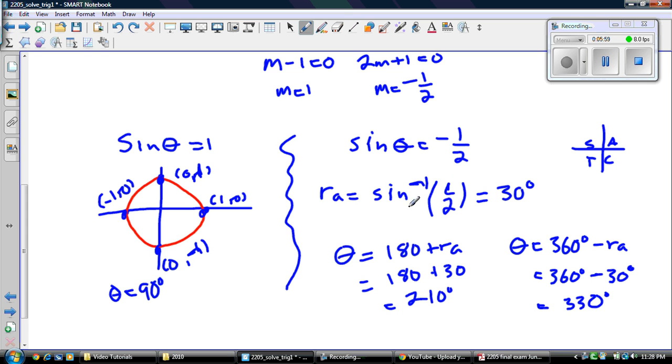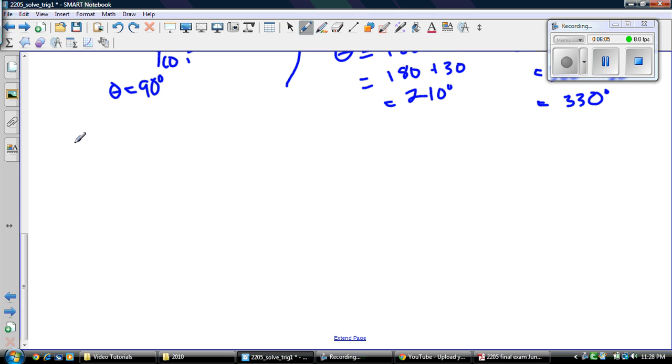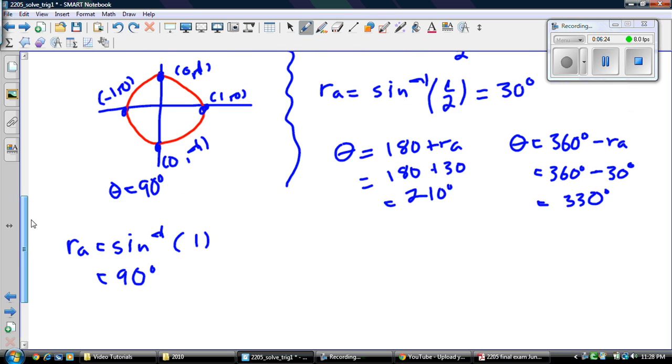Again, if you wanted to follow this routine, you could, and I'll do that for you. So you're thinking, what's my RA? Technically, an RA is between 0 and 90, so we take the inverse sine of 1, and that actually gives you 90. Then you're thinking, where is sine positive?